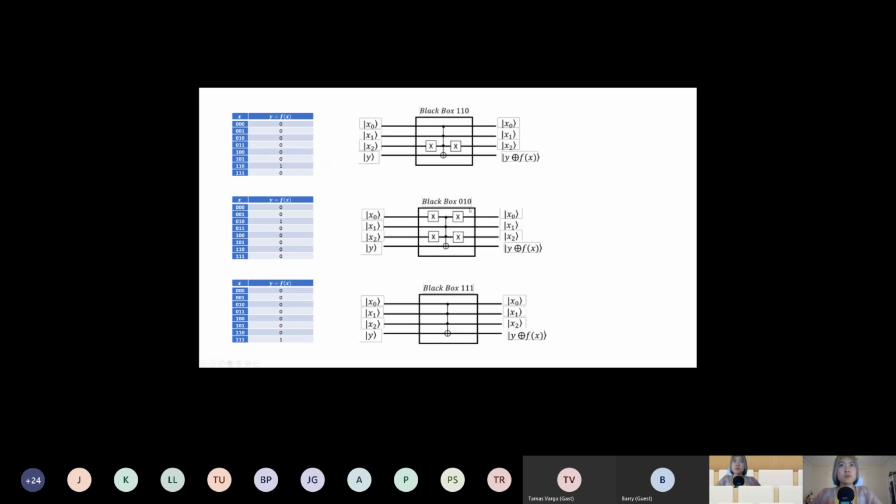For 010, you will have the X gates set up on both the zeros. If you already have the 111 you want to label, then you don't need to give it a flip, because this already can flip the last qubit. So this is the part that you need to set up first as your oracle for Grover's algorithm, which would then label or mark your item on the list.